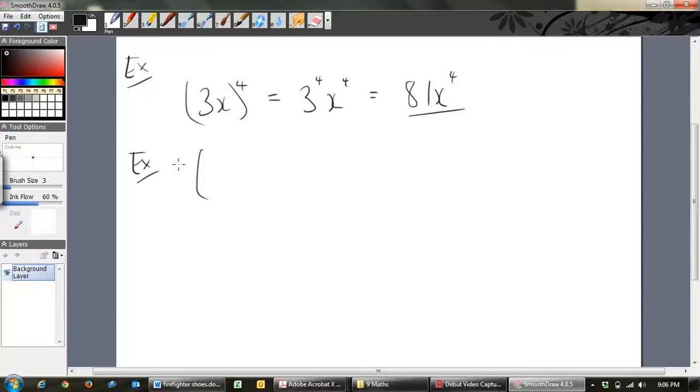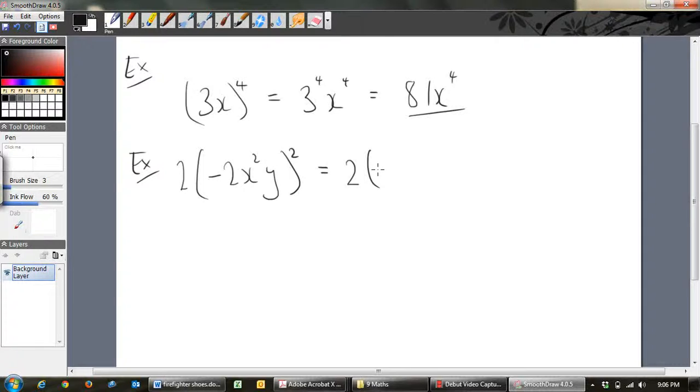Let's do a more complicated one. We'll have 2 times negative 2x squared y squared, all to the power of 2. Let's have a look at this one. Firstly, that 2 just stays the same, because it's just 2 times this part here. It's not part of the squaring, so I will put the bracket there just in case. It's always good to have brackets just in case.